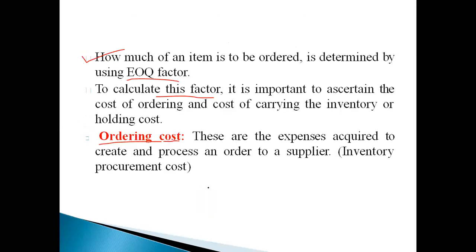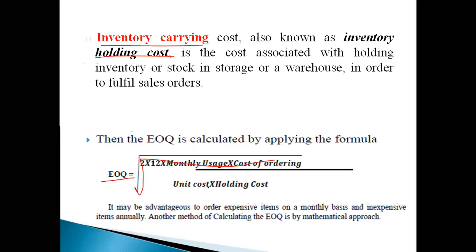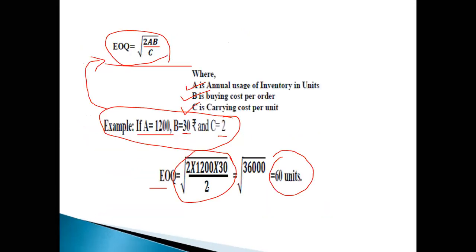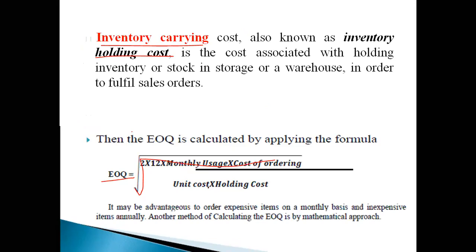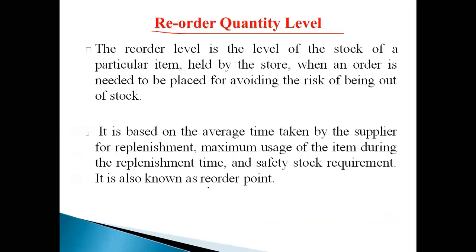The formula is square root of 2AB divided by C, or 2 into 12 into monthly usage into ordering cost divided by unit cost into holding or carrying cost of the particular inventory. Then their limitations.